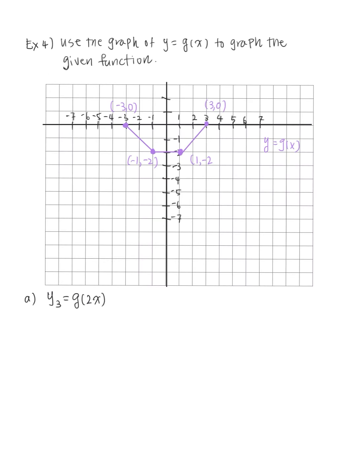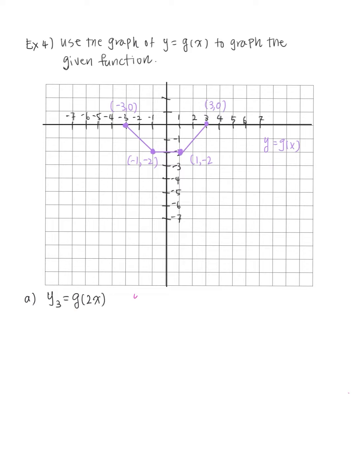Okay, so for the next example, example 4, it says use the graph of y equals g of x to graph the given function. This graph right here is exactly the same graph as example 3. I want you to see the difference between vertical shift and horizontal shift. So let's take a look at part A. Let's graph y sub 3 equals g of 2x.